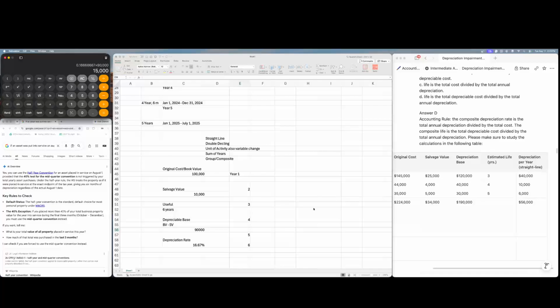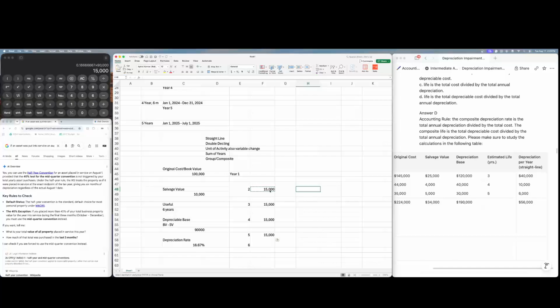So the annual depreciation is 15,000 per year. You would multiply the depreciable base by the depreciation rate for straight line. And to find the book value, you would subtract the annual depreciation from the current book value.